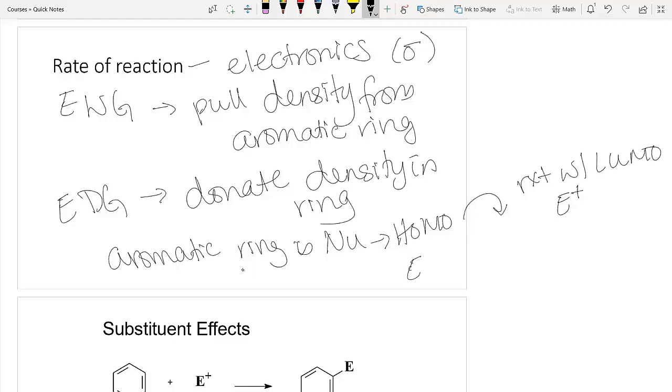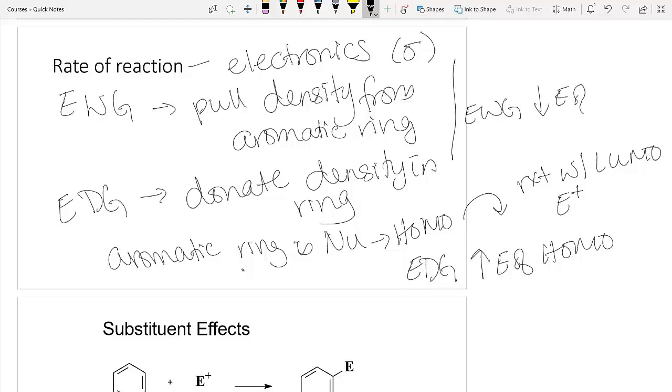By adding electron donating and withdrawing groups, you're going to influence the rate of the reaction, because electron donating groups increase the energy of the HOMO, meaning the energy is going to rise and be closer to the LUMO of the electrophile.